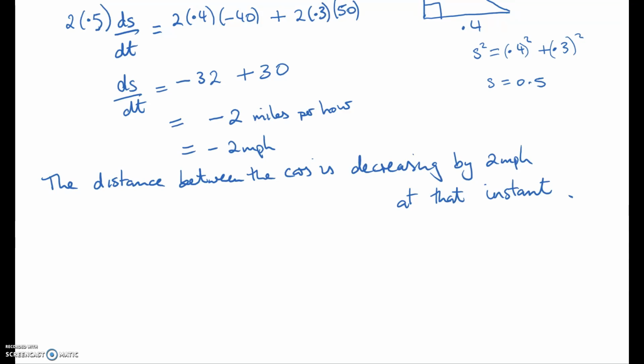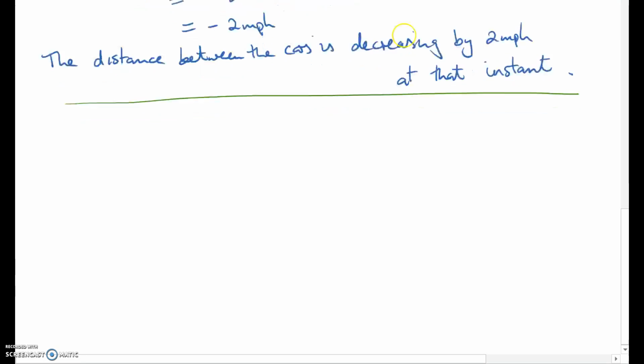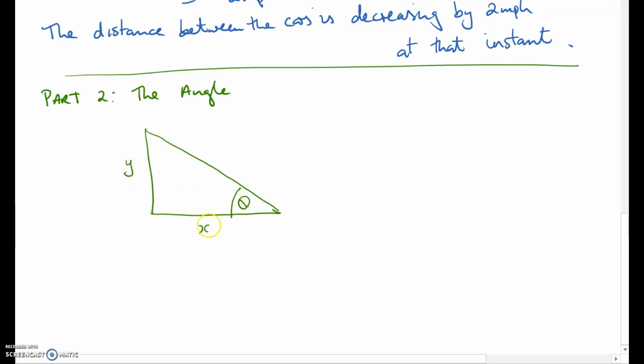Now if we want to look at the second part of this problem, which was to think about the angles that are involved, so part 2, the angle. Again, our situation is as shown. This is theta, this is y, this is x, and this is s. You can go with any of the trig functions, so let's go with sine of theta.